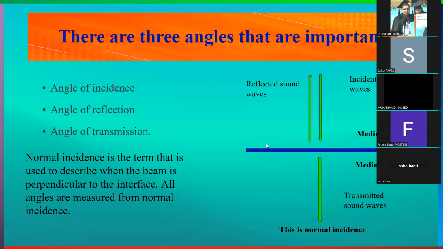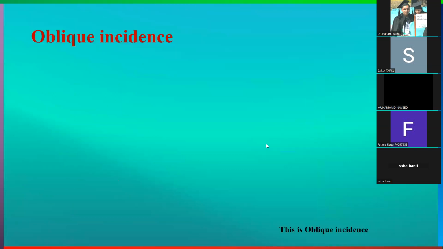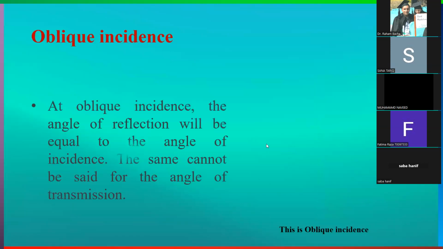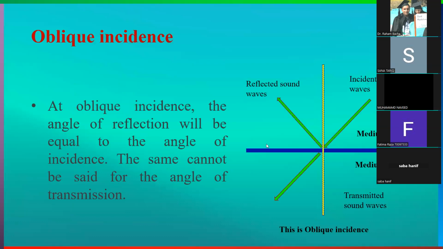But if there is oblique incidence, then what will happen? In the case of oblique incidence, the angle of incidence will be equal to the angle of reflection. Here you can see all these angles are calculated from this perpendicular yellow dotted line.